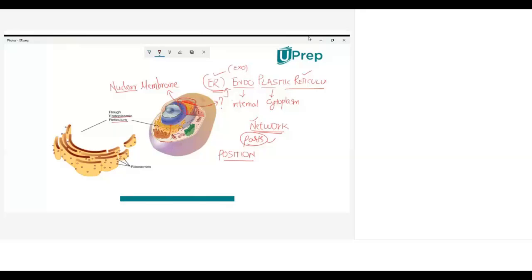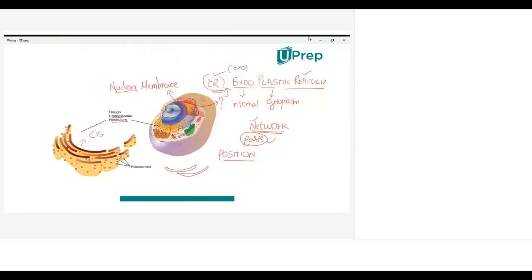The structures which are one above the other look like sacs. Below that again you have another sac like this, and they are attached to each other.